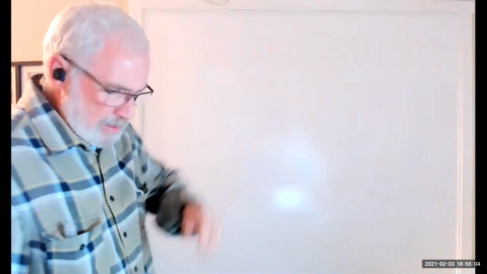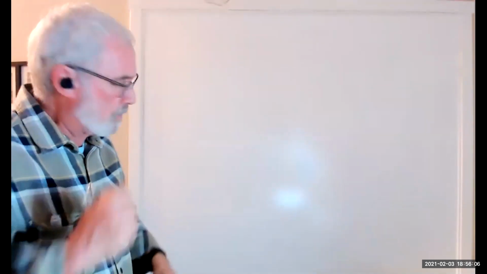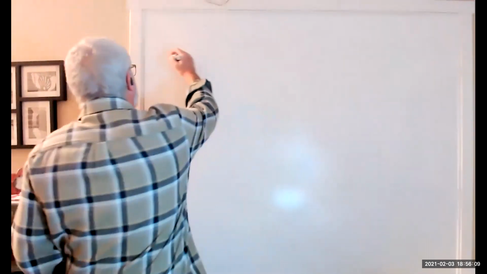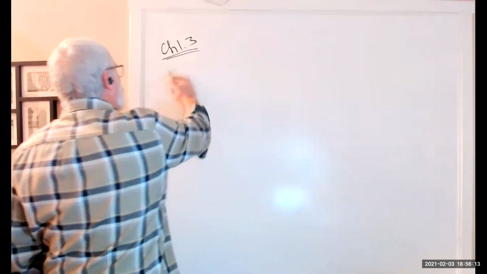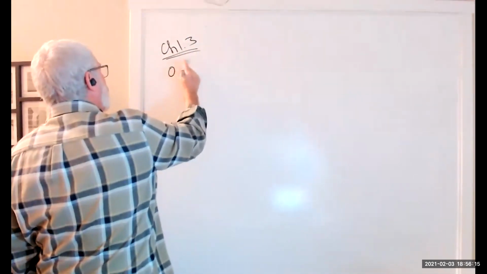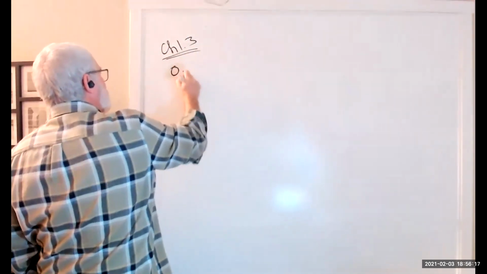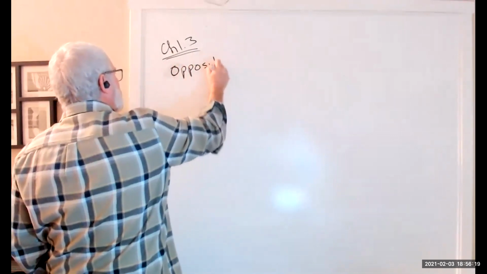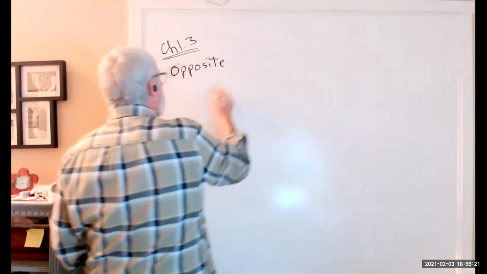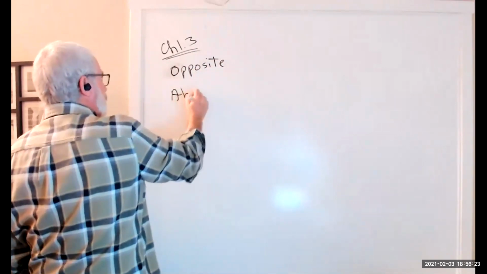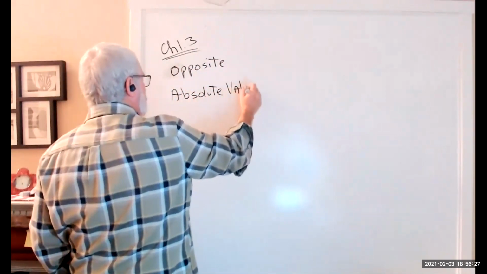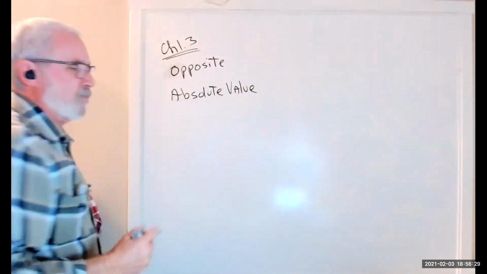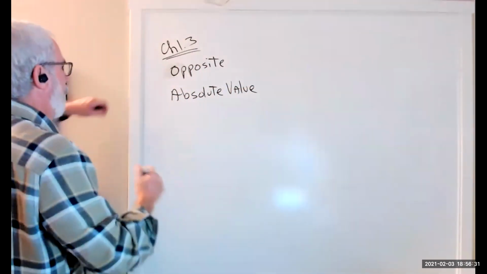Okay. In chapter 1.3, there are two concepts: the concept of opposite and the concept of absolute value. Two basic concepts.